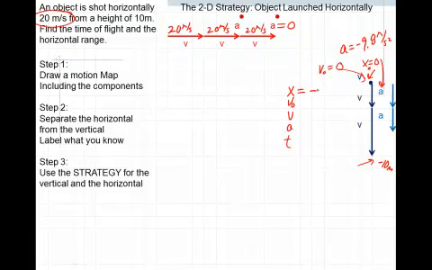So we're going to put negative 10 meters there. The initial velocity we said earlier is equal to 0. The final velocity we do not know. We remember that our acceleration due to gravity is negative 9.8 meters per second squared. And we don't know the time.